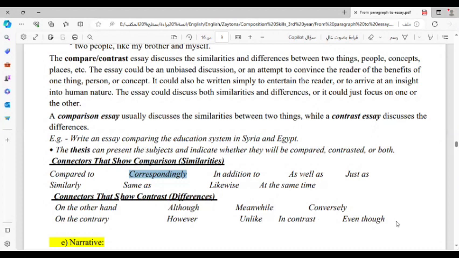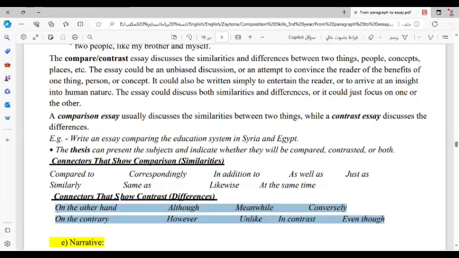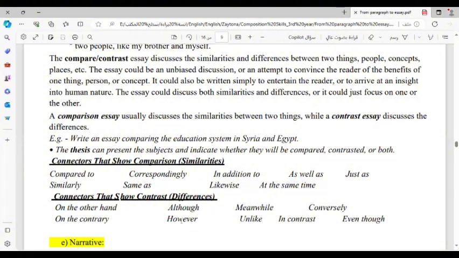Okay, let's have some examples of the words we can use in a comparison, contrast essay, to show the differences between two things or two people. For example, we have the word however, which has the same meaning as but.